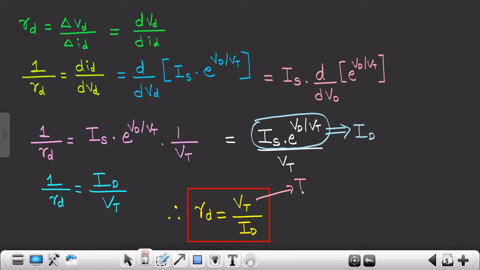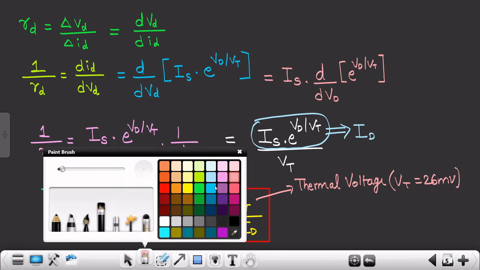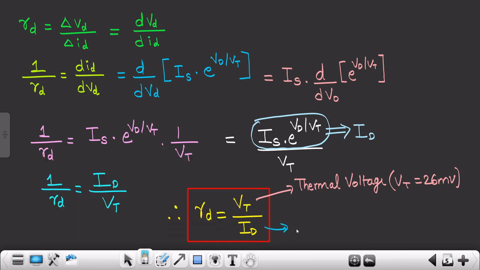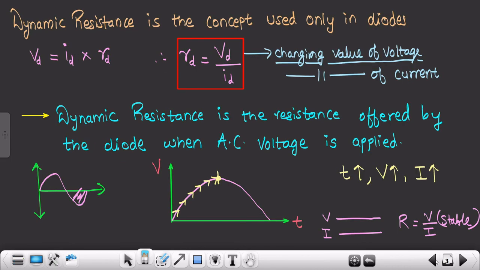I explained this concept in the previous session. vt is equivalent to 26 millivolts at room temperature, and id is your diode current. So this is the formula for the dynamic resistance. I hope you understood this concept in depth. If you have any doubts, feel free to ask me at any time. I will surely help you.